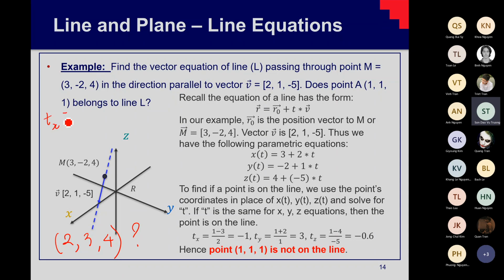So tx will be 2 minus 3 divided by 2, and that is minus 0.5. ty will be 3 plus 2 divided by 1, that is 5. So tx is already different from ty. So this means that this point (2, 3, 4) is not on the line as well. Okay.